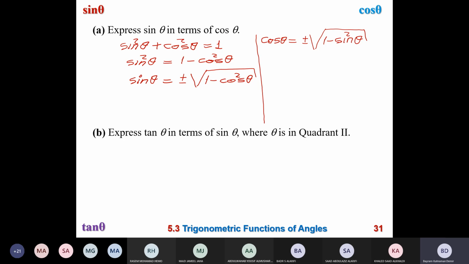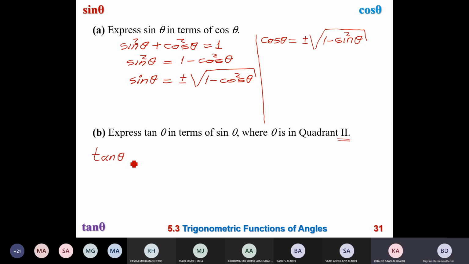Okay. Now let's look at this one. Express tangent theta in terms of sine theta, and the location is quadrant 2. Well, what do we know about tangent theta?